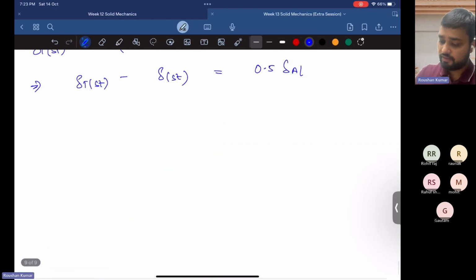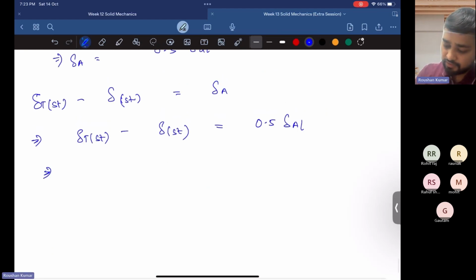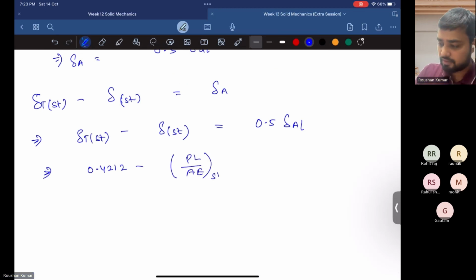Using this, we finally reach the equation: 0.4212 minus PL upon AE of the steel is equal to 0.5 PL upon AE of the aluminum.